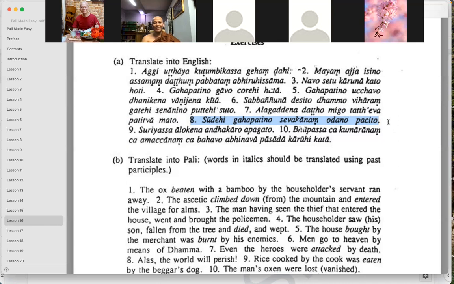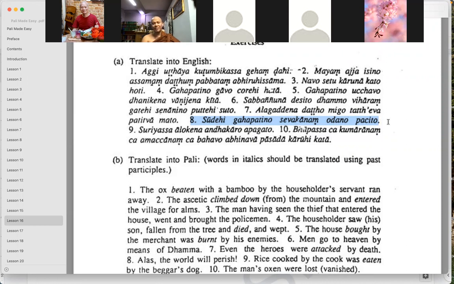So we look at odano pacito. Odano is the modifier, no, pacito is the modifier for odano. It's nominative, so with -o and -o. So the rice cooked by the cooks. Sudehi, -ehi is plural instrumental, by the cooks. Sevakanam is under dative, either second or fourth.